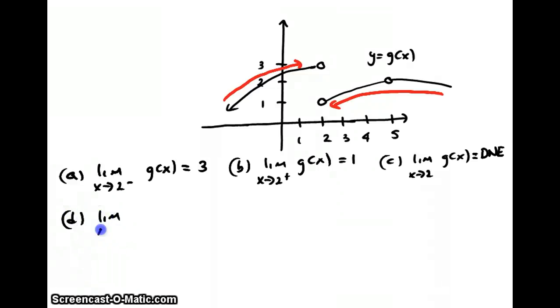Now we're going to investigate the limit as x approaches 5 from the negative side of g of x, from the left-hand side. So in that case, I'll use blue to illustrate that. We would be starting here, and we're approaching this open circle, and as we get closer and closer to 5, we find that we're approaching a y value of 2.